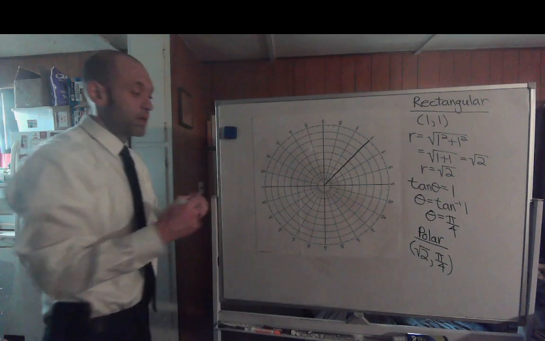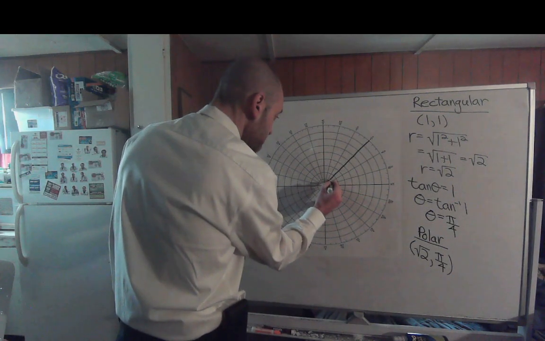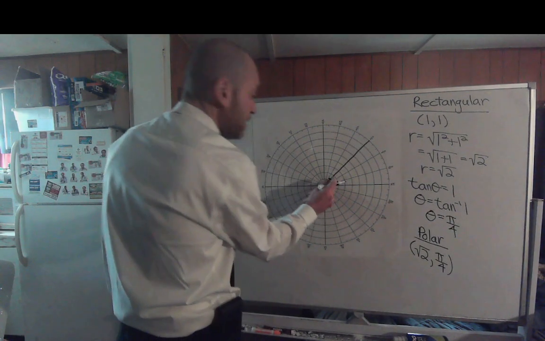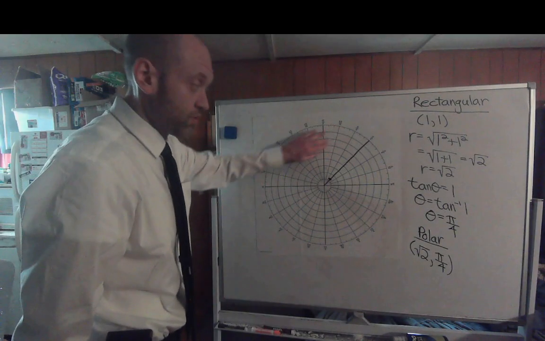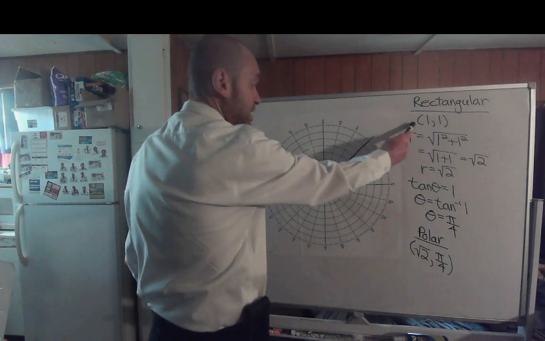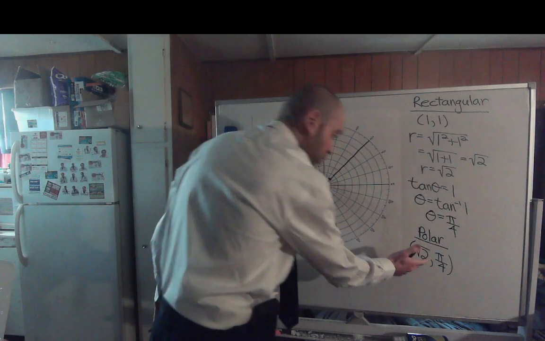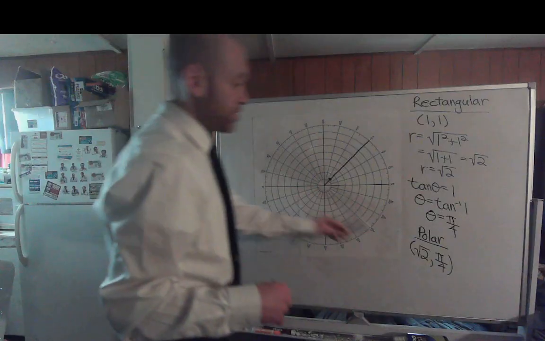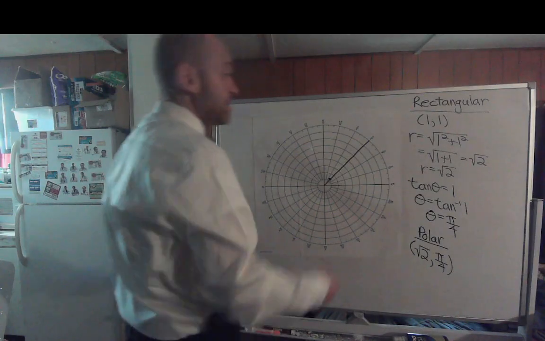Let's plot the square root of 2. I know that's going to be just a bit more than 1, so that's going to be about right there. There is the square root of 2, pi over 4. And if you notice, we end up in the first quadrant even in the polar system, as we should, based on the rectangular. Your quadrant should not change between the two. It's just going to be what your coordinate's called. So there's the square root of 2, pi over 4 plotted in the polar system, and that's how you convert.